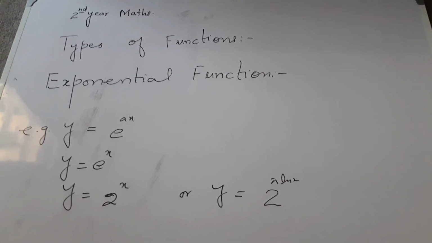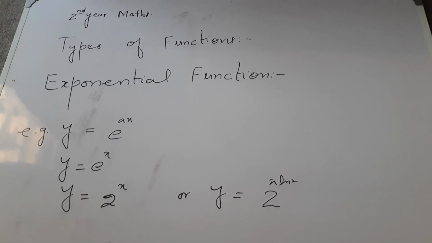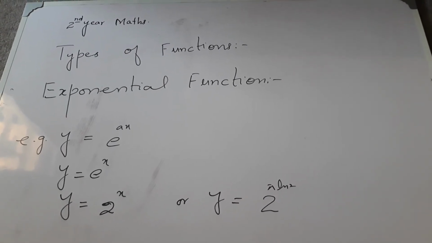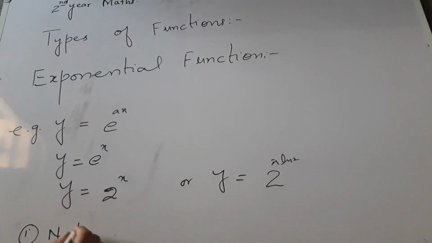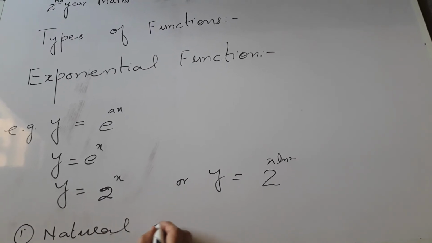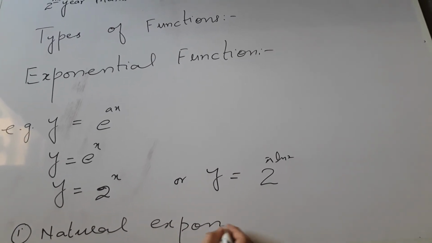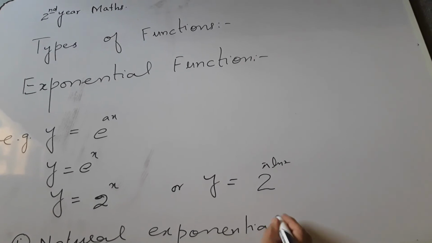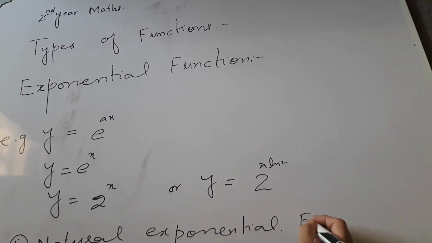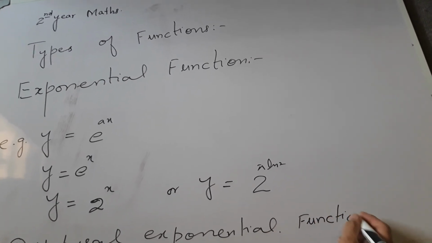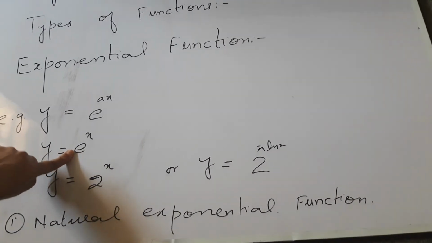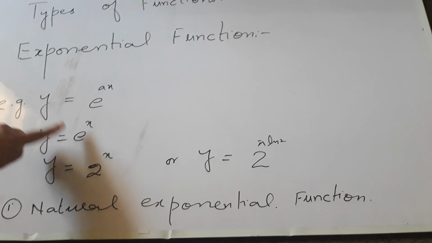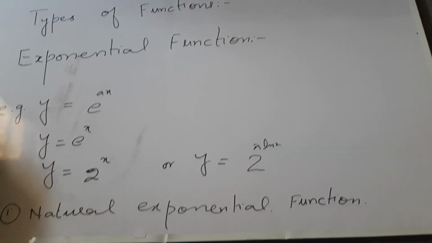There are two types of exponential function. The first type is the natural exponential function. When the base is e in the exponential function, this is called the natural exponential function.